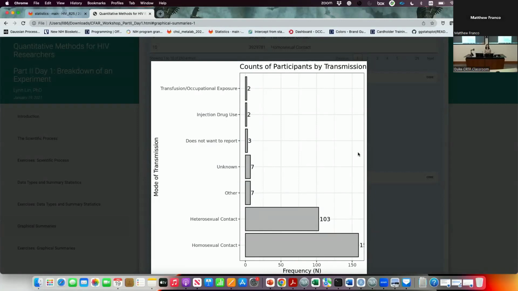Yeah, skewed. So first of all, it's not uniformly distributed. At least these two modes of transmission have the majority of the people, and then the other types of transmission have much fewer people.